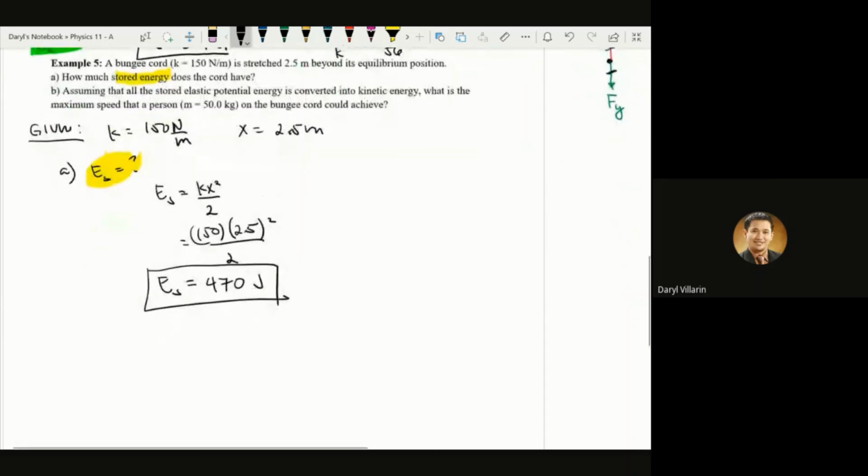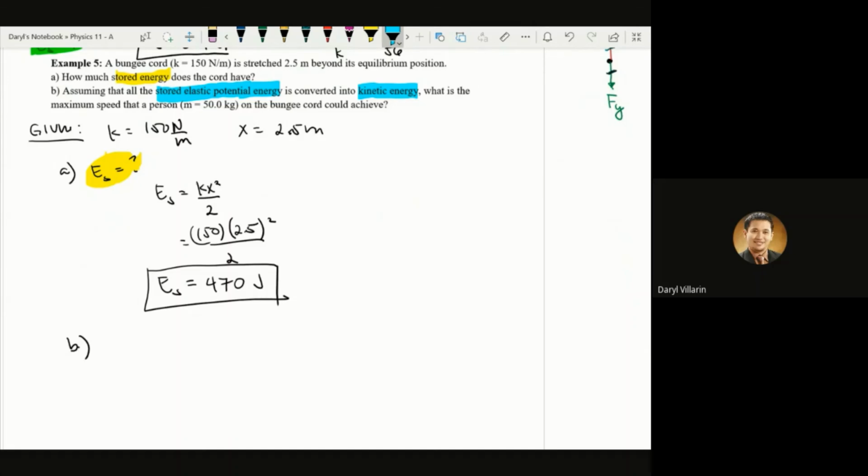For letter B, it says that, although in reality this is hardly the case, all of your elastic energy is converted to kinetic energy. What would be the maximum speed of the person? Remember that the person will move back up.